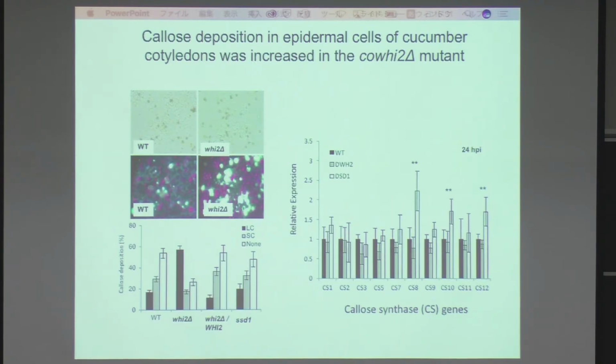And also the real-time PCR analysis of the callose synthase genes identified in cucumber. 3 out of 12 callose synthase genes were upregulated during the V2 infection.